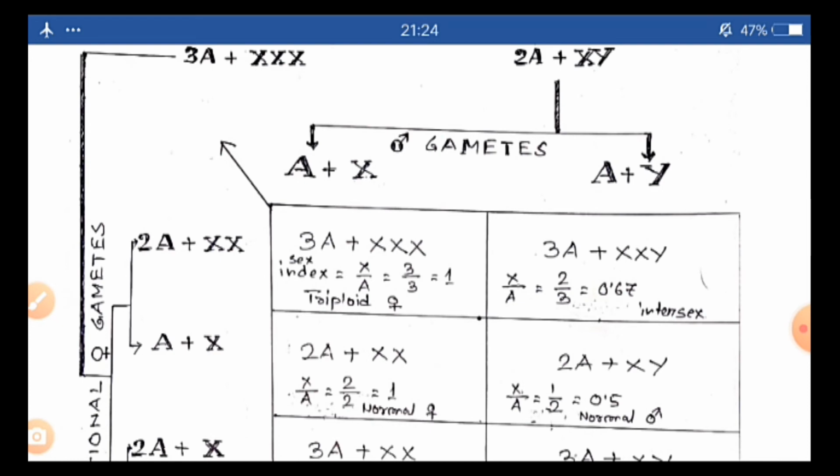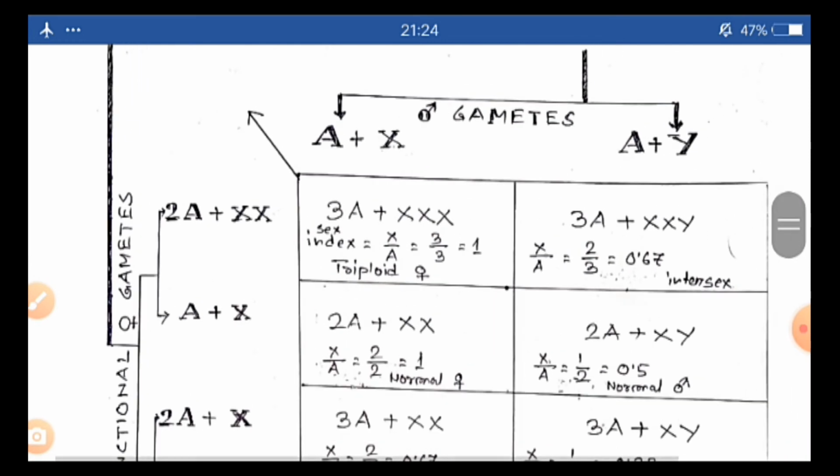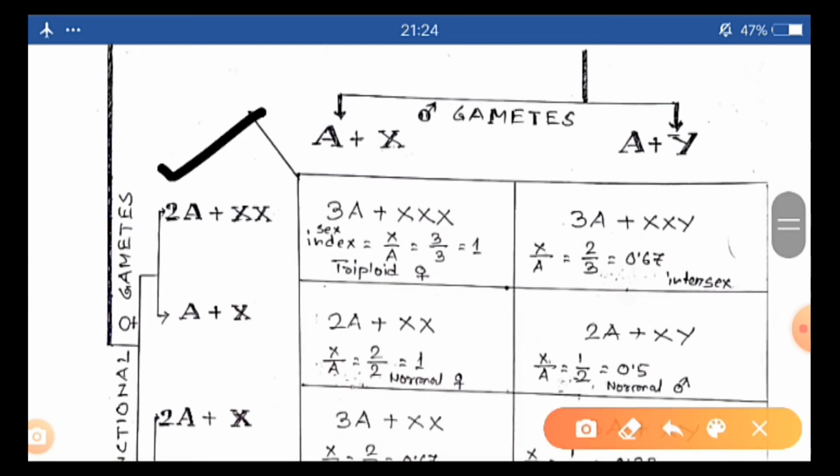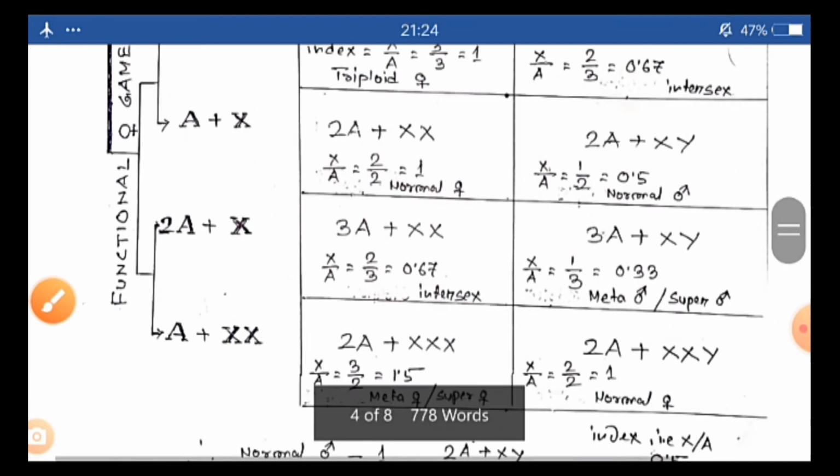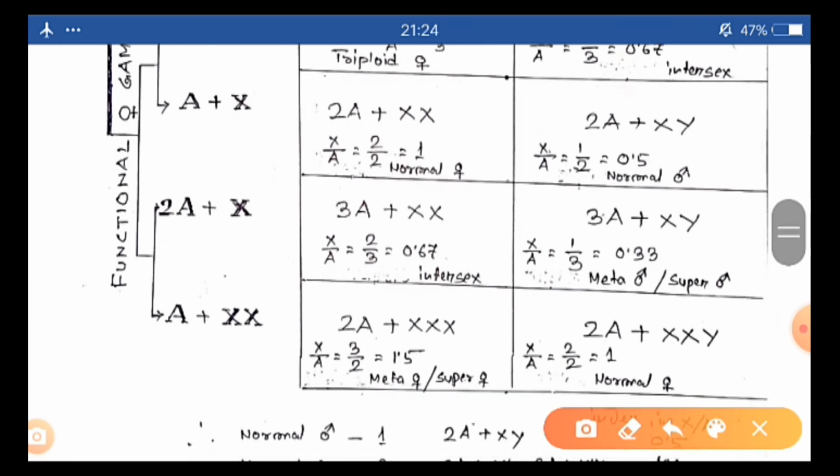The first one is 2A plus XX and second one is A plus X. Then the third female gamete is 2A plus X, and the fourth one is A plus XX.